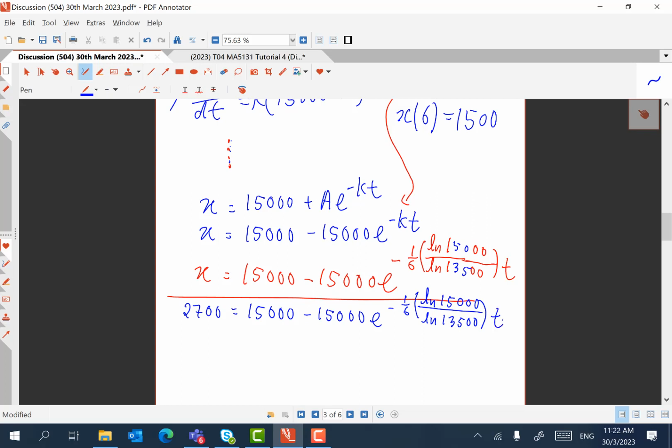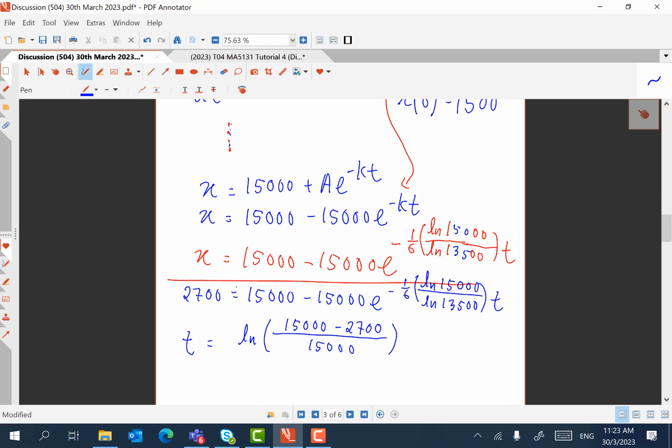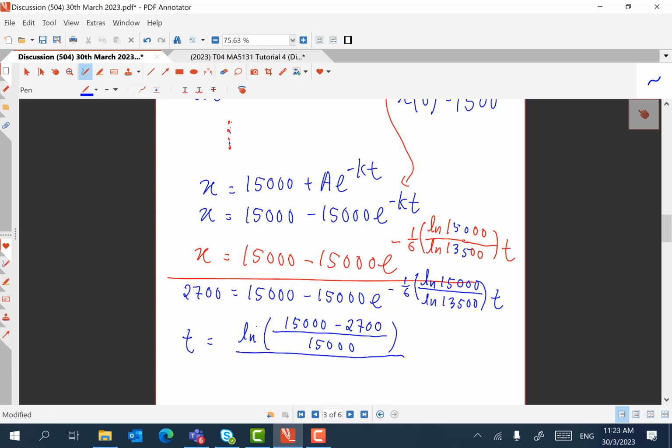And then I'm supposed to find t. So t will be equal to 15,000 minus 2,700 over 15,000, then log this, and then the whole thing divided by this.